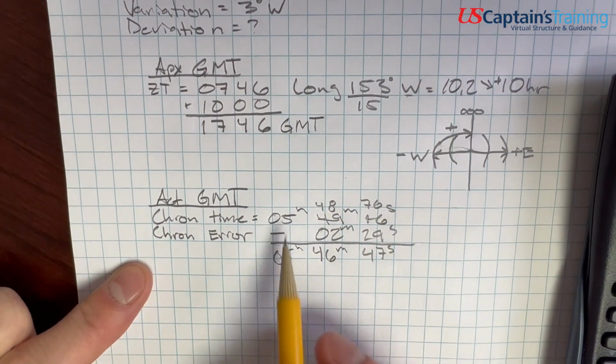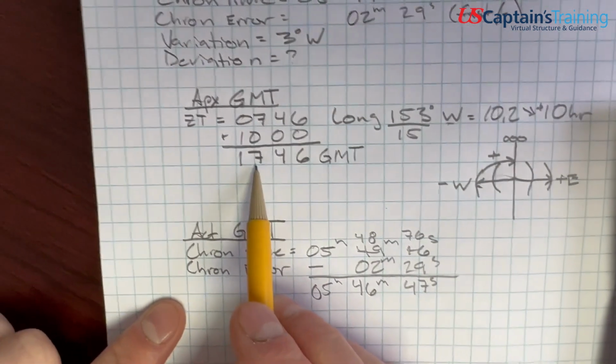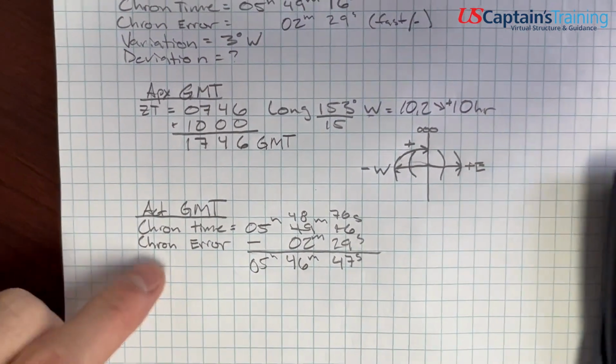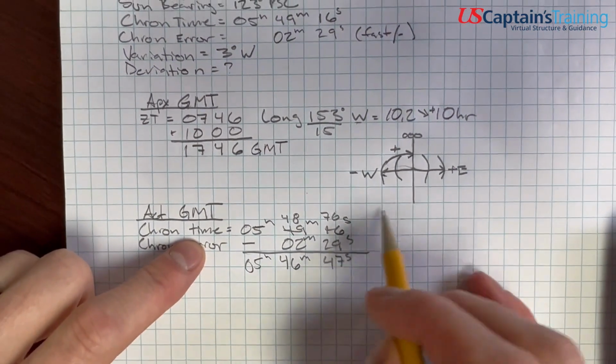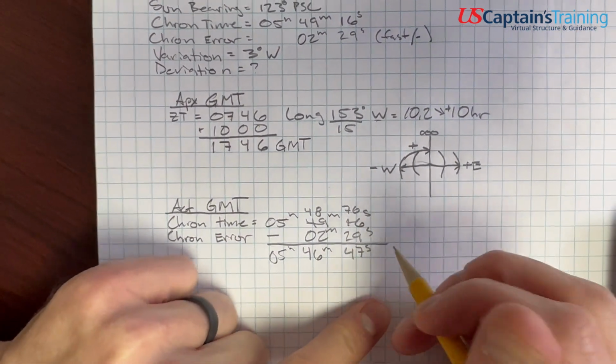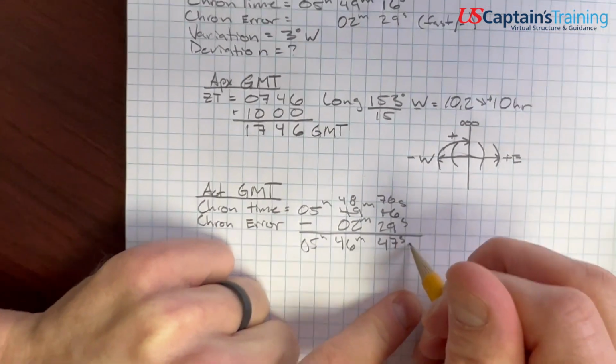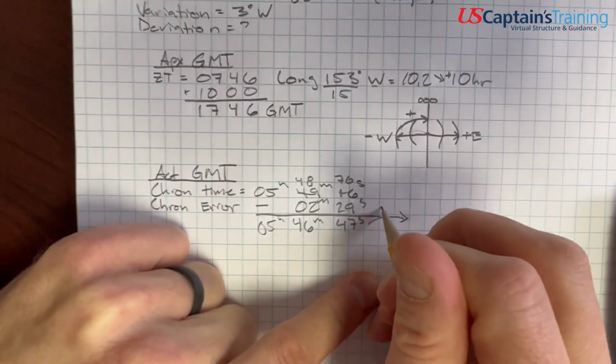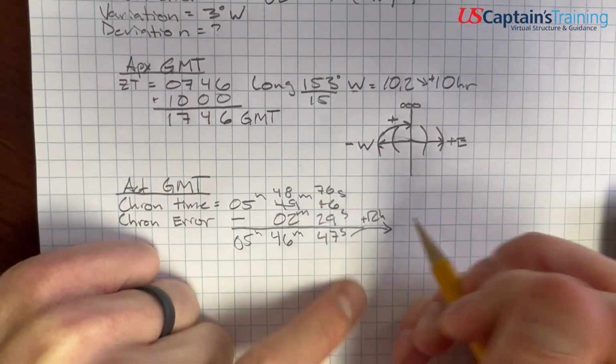This 5 hours does not line up with the 17. This chronometer runs on 12 hours like an analog clock, so there's ambiguity in it. We need to know whether we're day or night. So what we can do is simply add 12 hours.